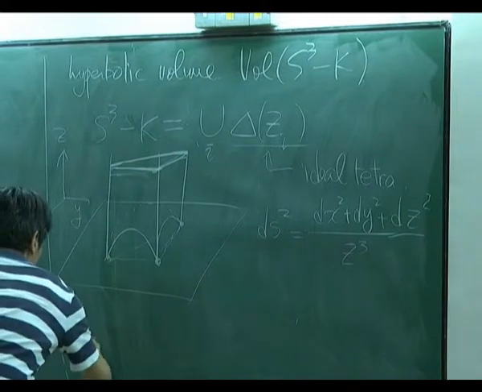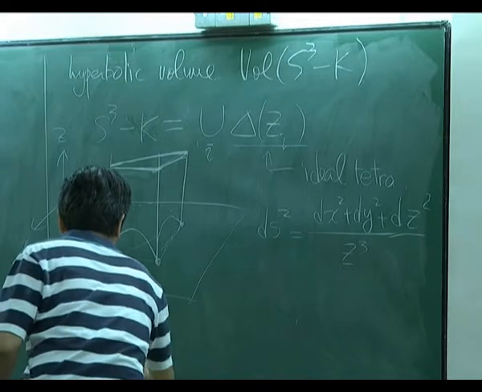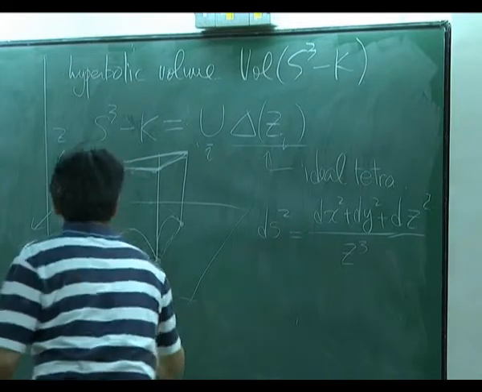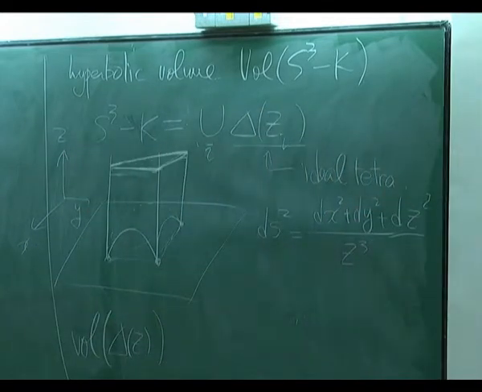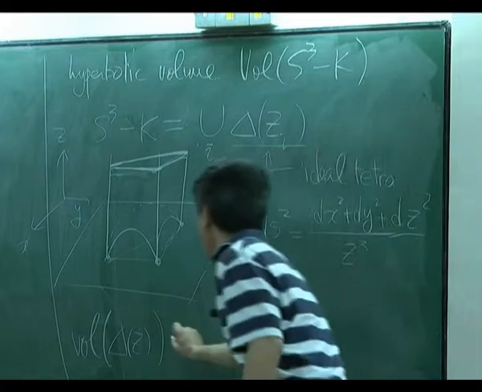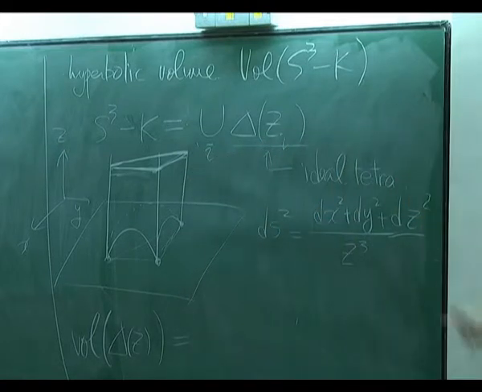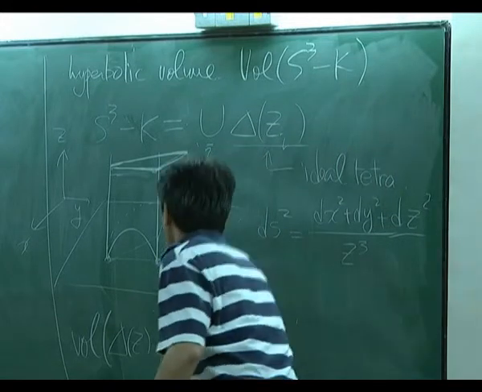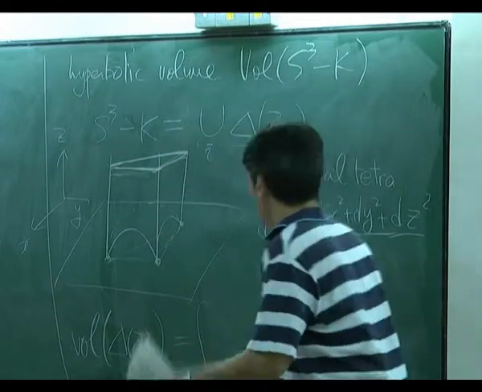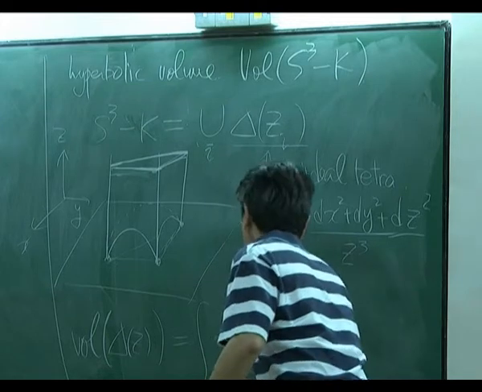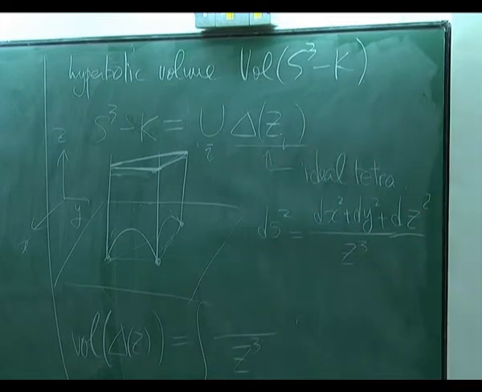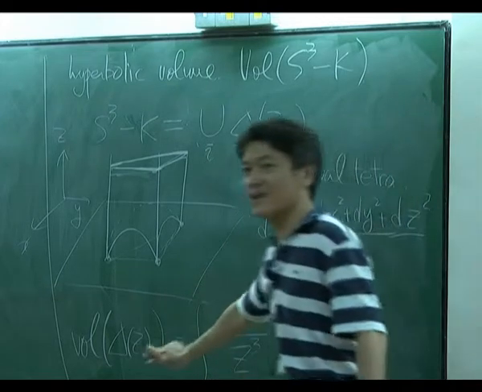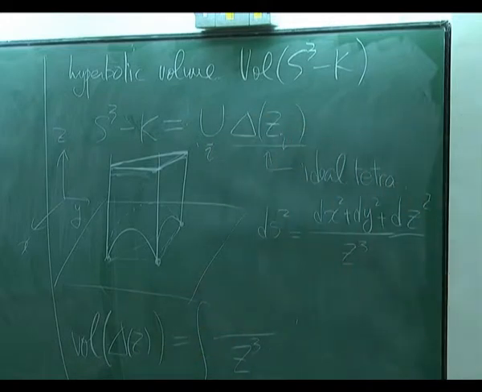So to do this, as the metric is like this, the volume of this tetrahedron is just, what is Z? Is it some cross ratio? Yes, cross ratio, but just a moment.